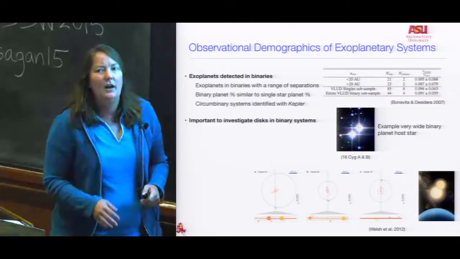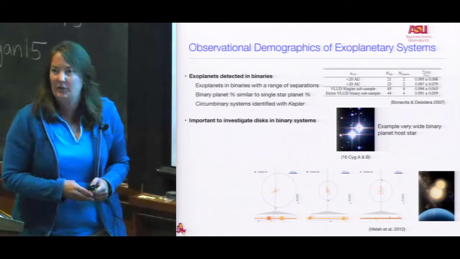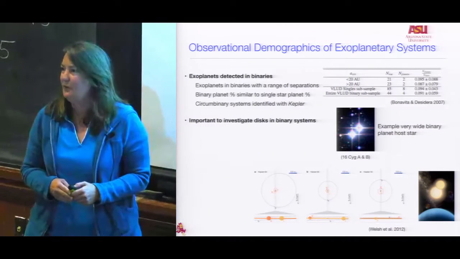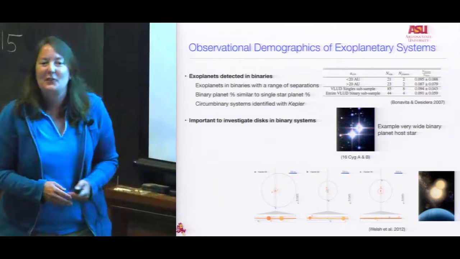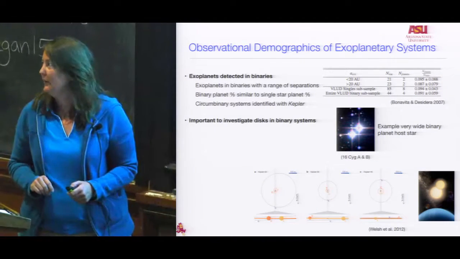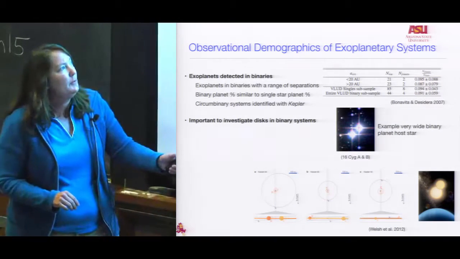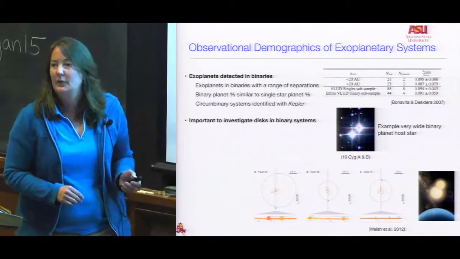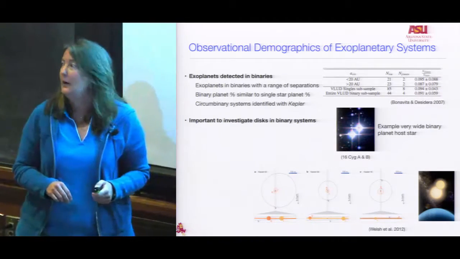Okay, so another type of system that has been found to have exoplanet systems, which might originally have been a bit of a surprise, but has made for some really spectacular artist renditions. There are examples known of planets in binary systems, and these come in different varieties. Here's an example. One of the first discovered exoplanets, around 16 Cyg B, is a member of a very wide binary system.